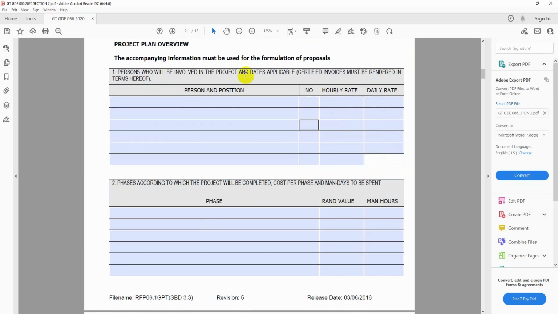Now you need to check how much you are going to be paying these people for the next coming 3 years. That is another from the pricing schedule of the items there. Now you're adding labor. So your labor now is how many people and how much will it be, including the daily rate of everyone.